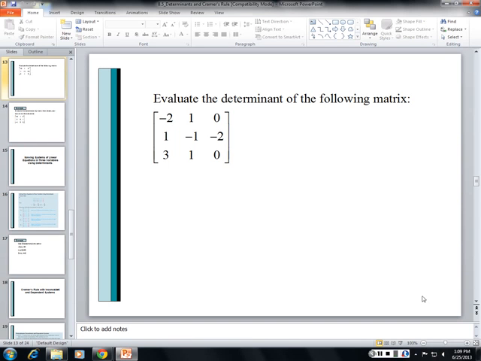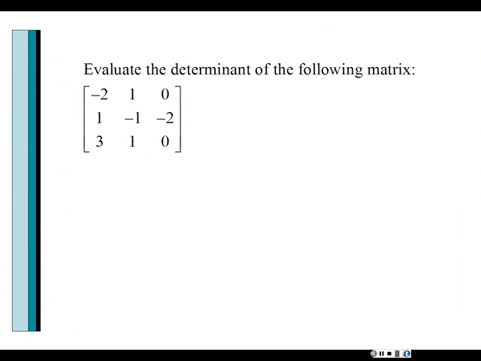Now let's write this 3 by 3 matrix on the other side: -2, 1, 0, 1, -1, -2, 3, 1, 0.